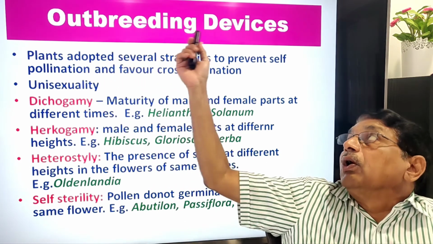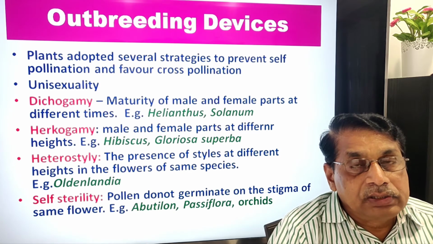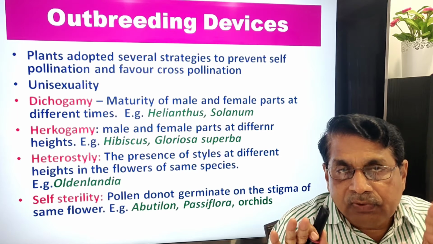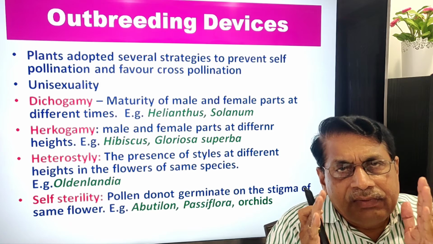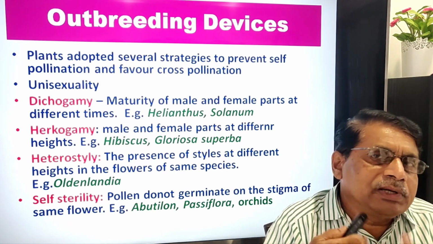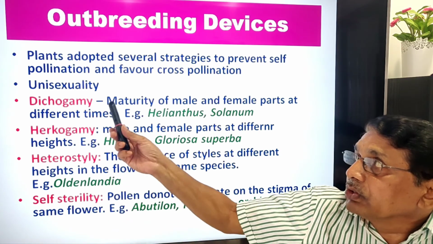This is outbreeding device. What is that? Cross-pollination is advantageous, so cross-pollination should occur. So in one way or other, self-pollination is prevented. If self-pollination is prevented, automatically cross-pollination occurs. What are those?